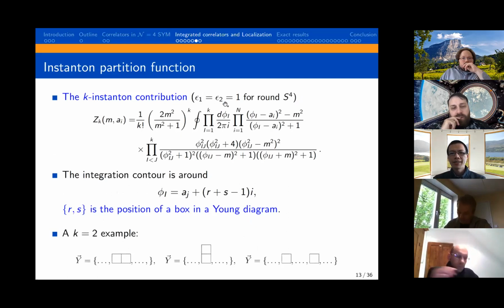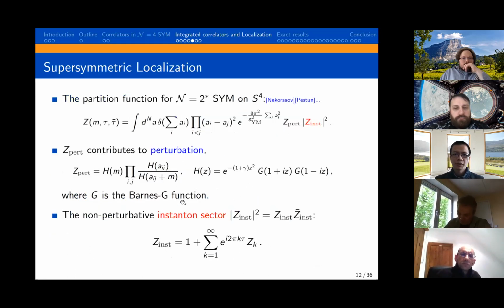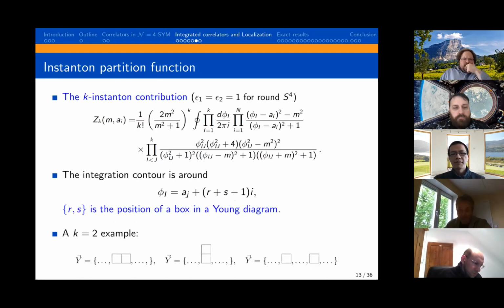Here I already set epsilon to be 1, so it's on the round S4. This contour integral picks out the poles, where the poles are given here, with R and S. A_J is the variable integrated over, this so-called Coulomb branch variable.